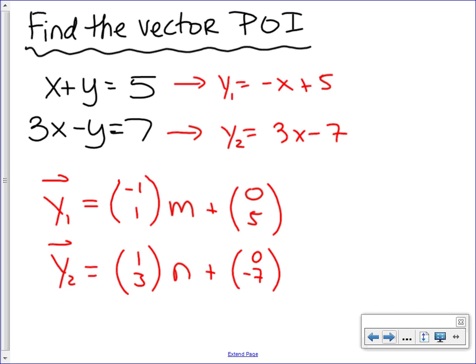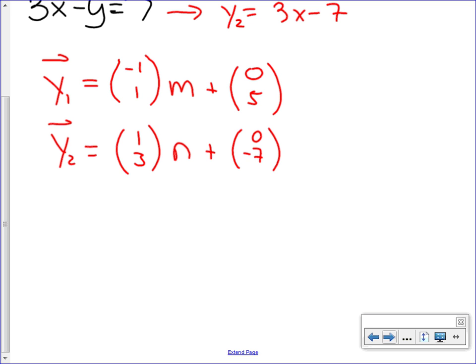Step 2. Set up the vertical components and the horizontal components. The horizontal components are all the x components, right? The x's are the things on top. So your horizontal components are going to have to be equal to each other.